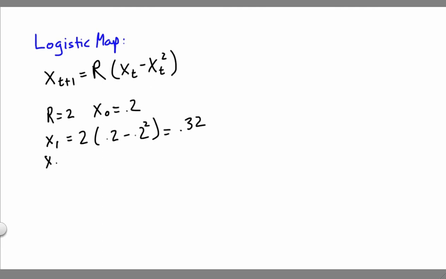Now what happens the next year? At the next year we have 2 times, well, now we have to take this value for our previous generation, 0.32 minus 0.32 squared. And that's equal to 0.4352.